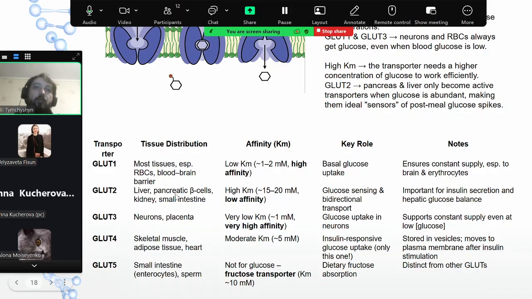Here's the one, GLUT2, in liver, pancreas, kidneys, small intestine, and so on. In the liver, we have some sort of storage of glucose, and we want these transporters to work only if we have a high concentration of glucose in the blood, which means we have just eaten something and we have a lot of glucose.